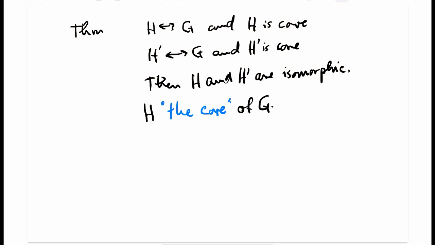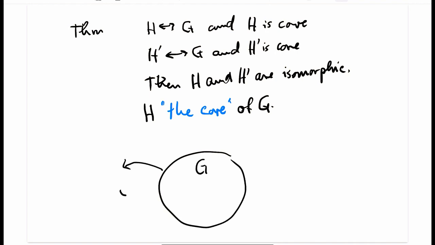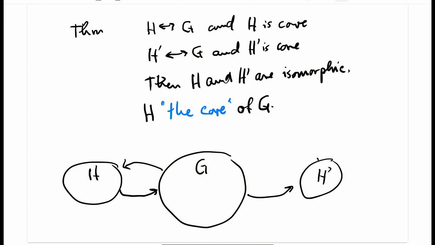How do we prove this? Suppose we have here our graph G, and it's homomorphically equivalent to H, and it's also homomorphically equivalent to H prime. Now observe the following.